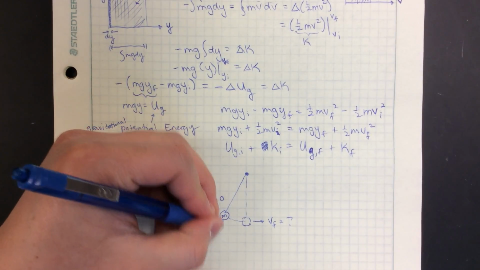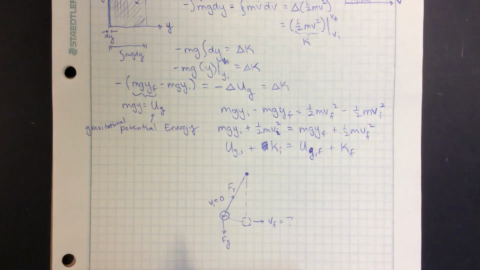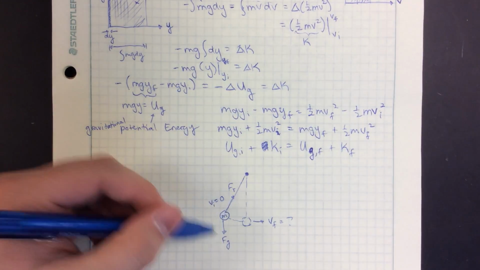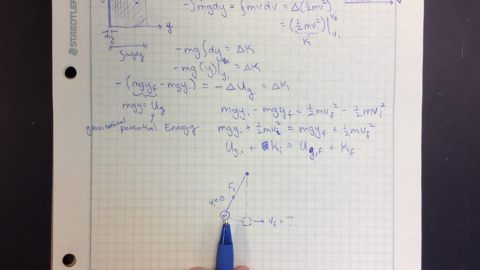But if you actually try and do the free body diagram of this, it's kind of hard to know how all your accelerations will play out. It's really hard to use Newton's second law on this because gravity is always pulling straight down, which means that the angle that it makes is sometimes in the radial direction, sometimes in the tangential direction.